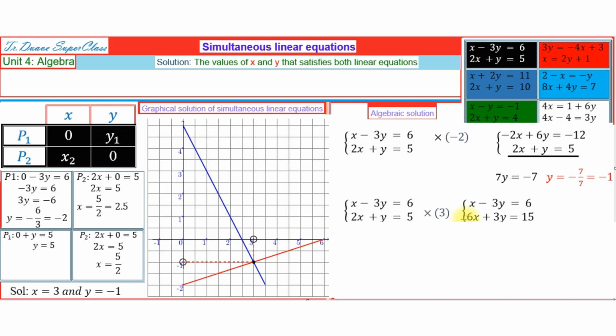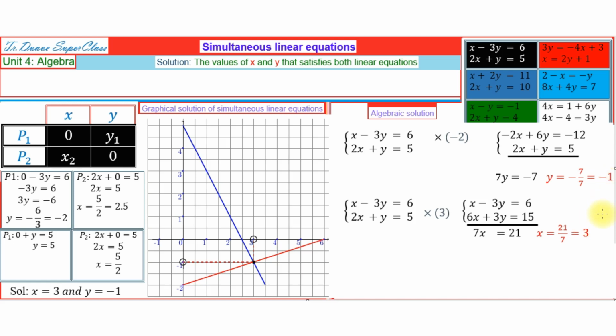Multiplying it by 3, we have this result. And again, adding like terms, the result is 7x equals 21. Making x the subject, we'll have x equals 21 over 7, which is 3. So again, the solution is 3 for x and minus 1 for y.